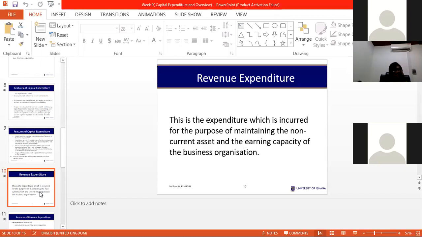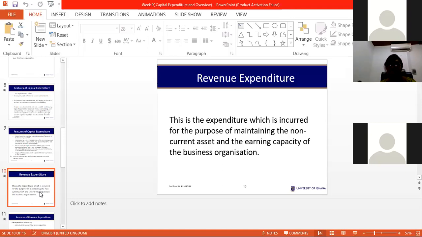We cannot assume that because we have just acquired it, we don't need to maintain. Otherwise, the non-current assets may break down. And I'll give you an instance.